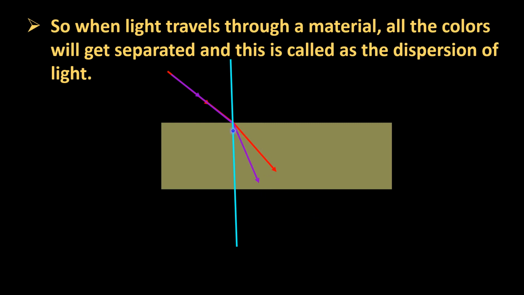So this ray will become parallel to the incident ray. That is, the emergent ray will become parallel to the incident ray. That means after the second refraction here, all the colors will meet again. They will travel together and appear as white light again only.